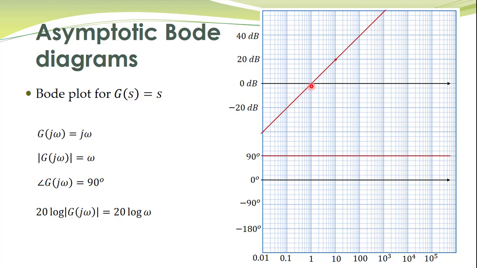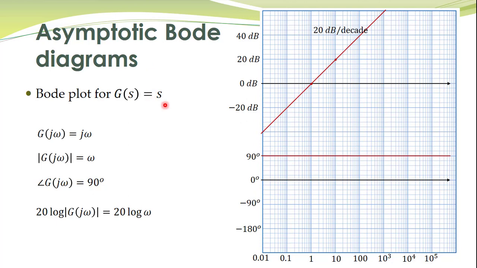You can see that from here to here there is 1 decade of frequency, and there is a rise of 20 dBs in 1 decade. So the slope of this line is 20 dBs per decade.